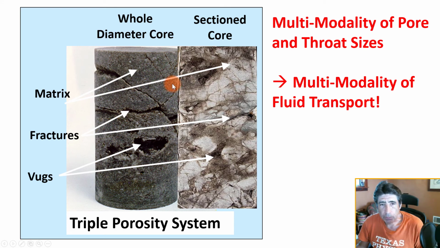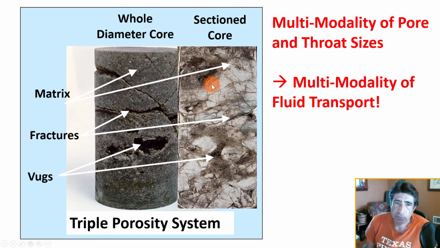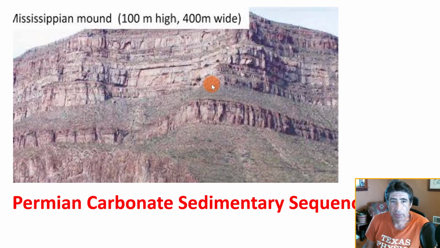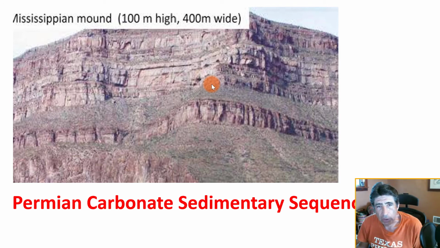And it's very important when we do core log integration to look at cores, because visually we can not only look at thin sections that describe to us the degree of diagenesis, the pore structure, but also they can give us a very strong indication of the variability of pore and throat sizes, because they're going to have multimodal transport of fluid across them.